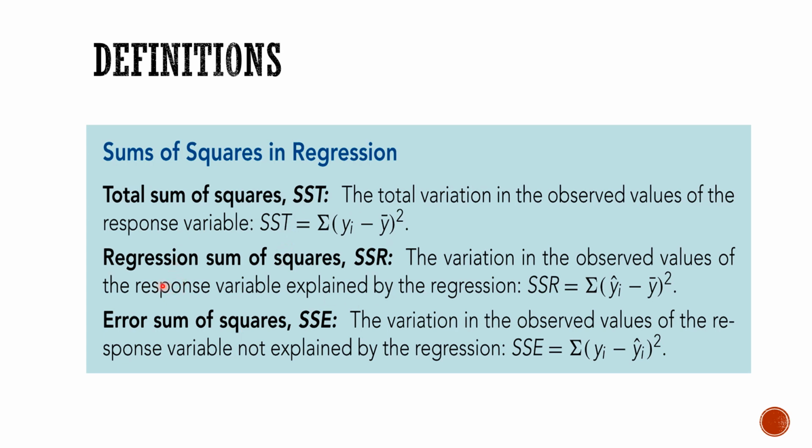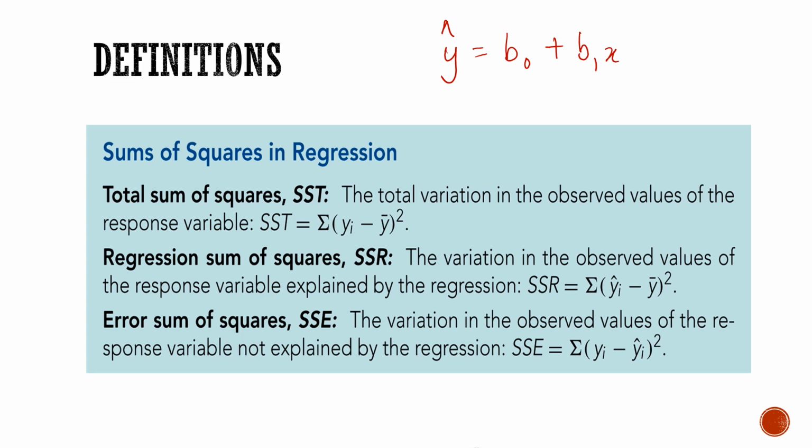The other one is the regression sum of squares, or SSR. The variation in the observed values of the response variable explained by the regression. SSR goes by this formula. Well, let's try to understand what we are doing here. We had y hat sub i. Remember, this y hat is a part of our sample regression equation. Our sample regression equation looks like this: y hat equals b sub 0 plus b sub 1 times x, correct?